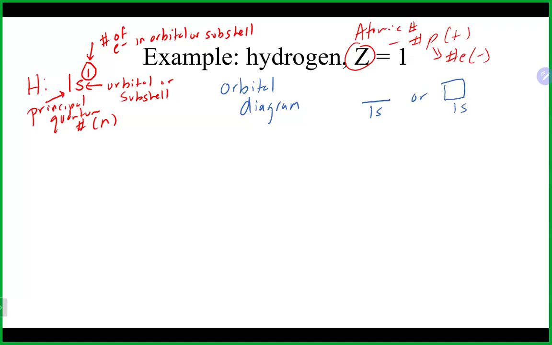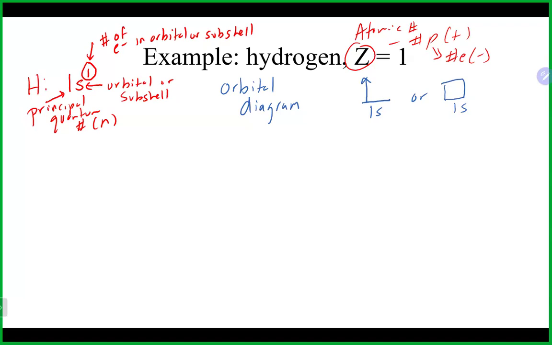And we use arrows to represent the electrons that are in that orbital. Whenever you have an orbital, the very first arrow actually goes in the upward direction. I think that was a question earlier, maybe how they go in. They actually do always go in the upwards direction.